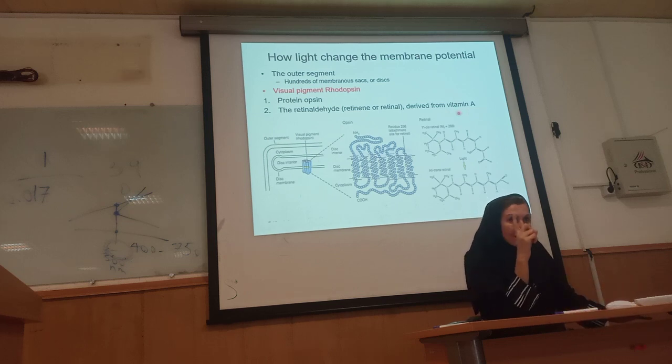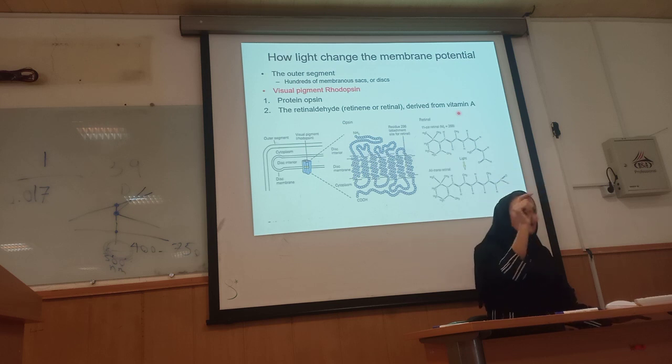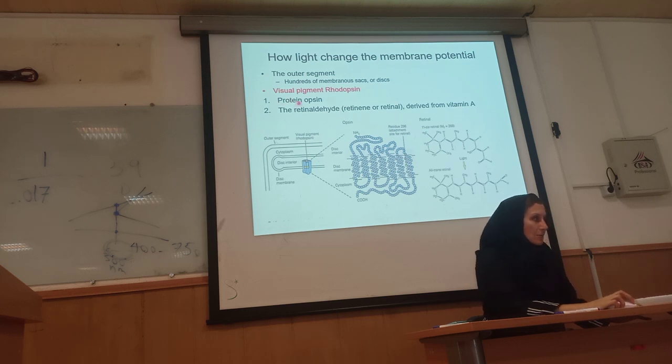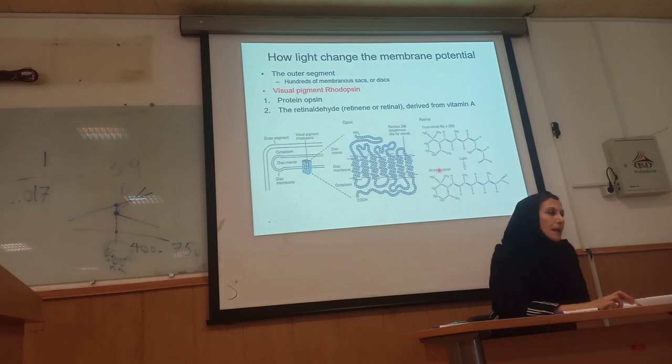I said to you, for each molecule that responds to the light, we need vitamin A, because the protein opsin combines with the retinal aldehyde, called retinal or retinol. This part is derived from vitamin A. Pay attention.